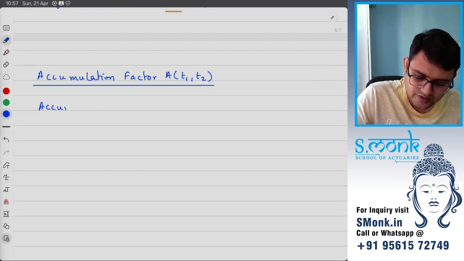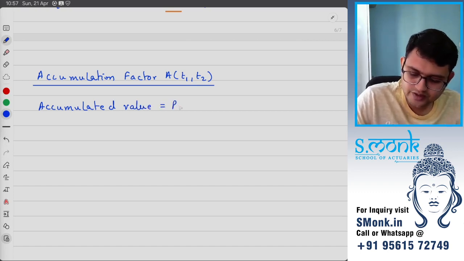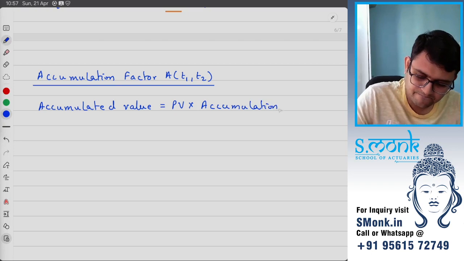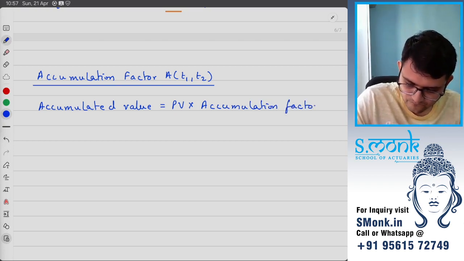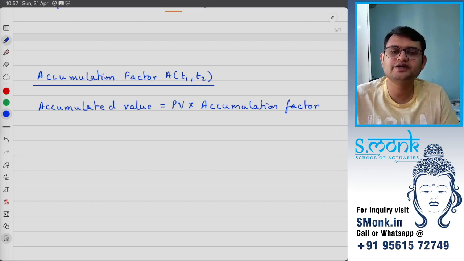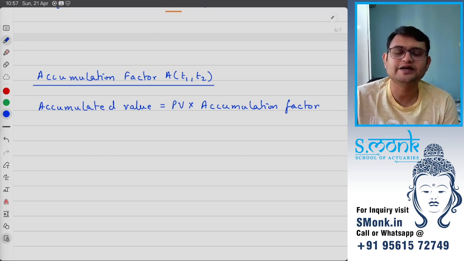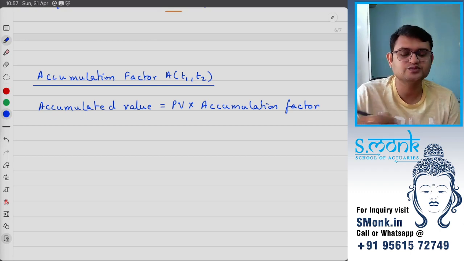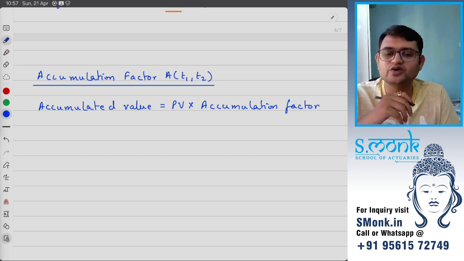So accumulated value will be nothing but present value into, we call it, accumulation factor. Okay. So accumulation factor is nothing but the accumulated value per money invested in present value, or at time 0, or at whatever time we are talking about.